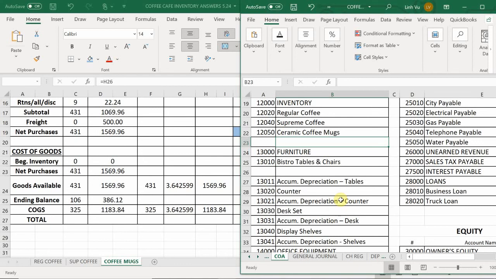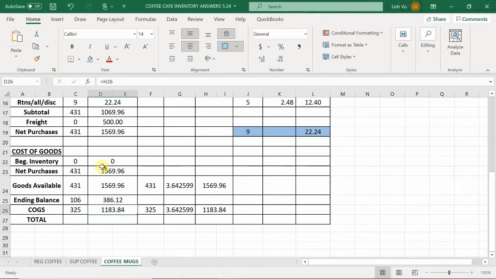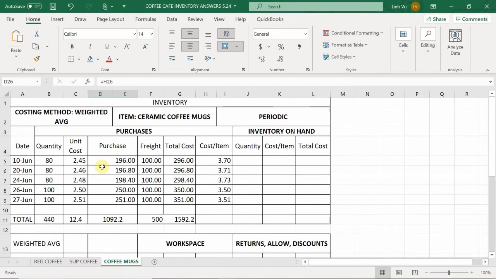Assets. Okay. What particular item are we converting? I don't know. Which particular item are you converting? What did we buy on a purchase expense?